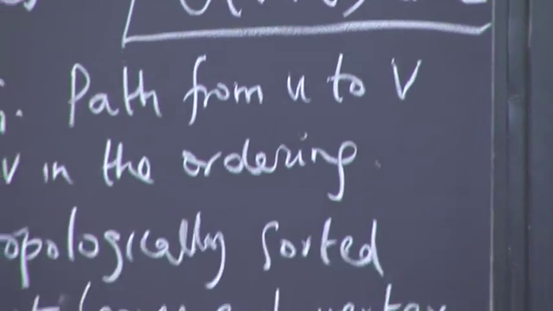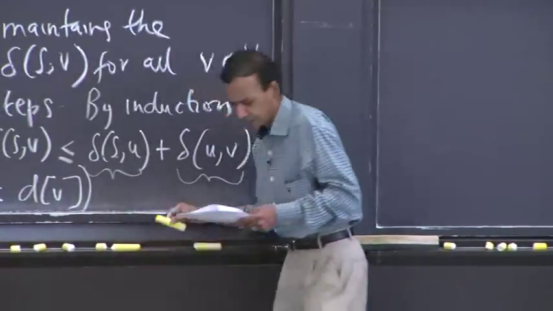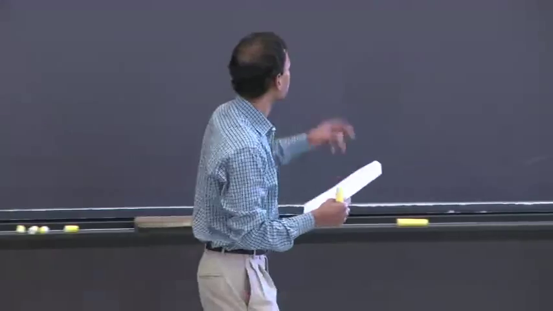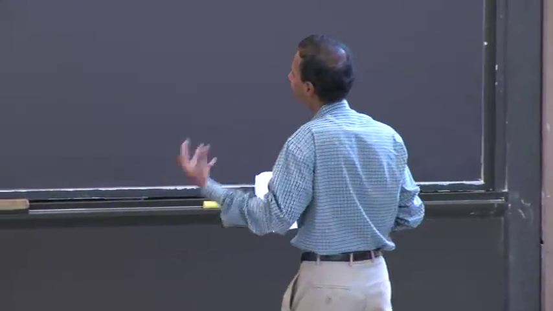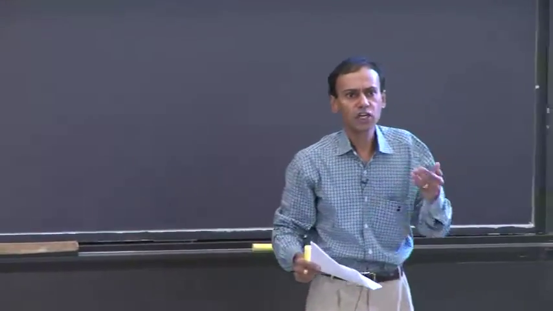And there's just one little interesting aspect to this, which is related to a DAG and the relationship between the DAG and the particular starting vertex that we're going to be looking at.